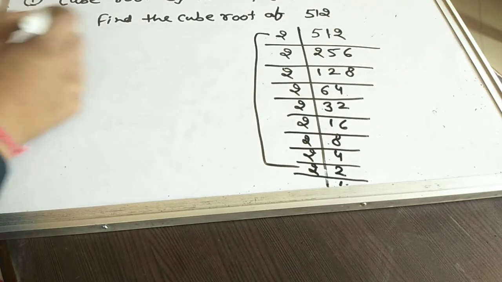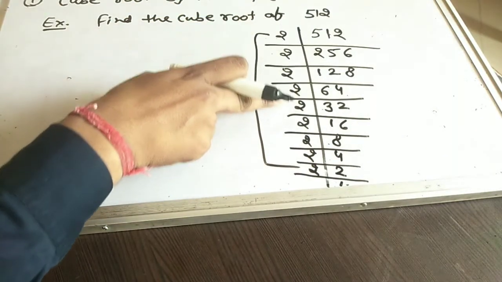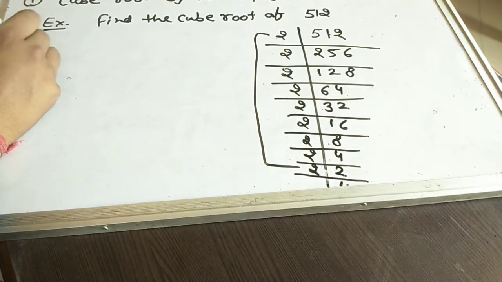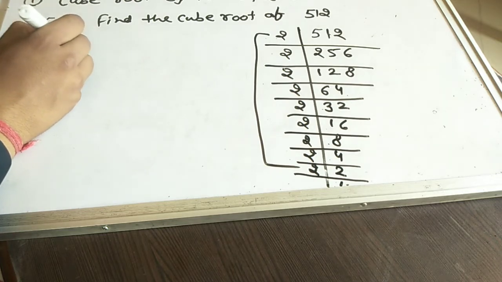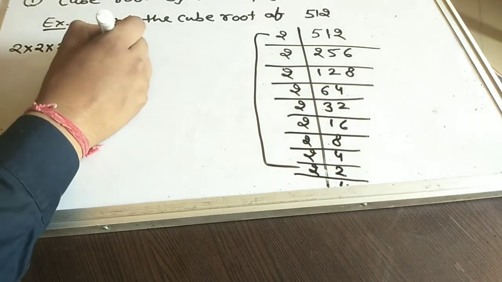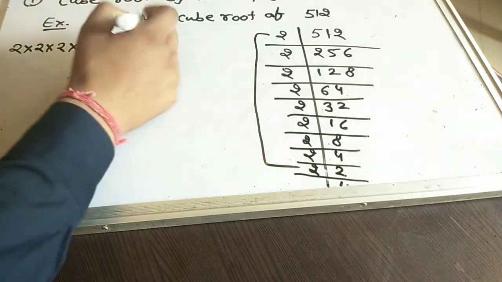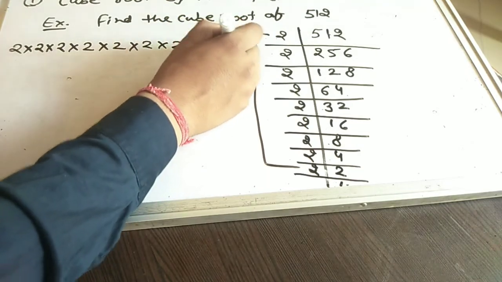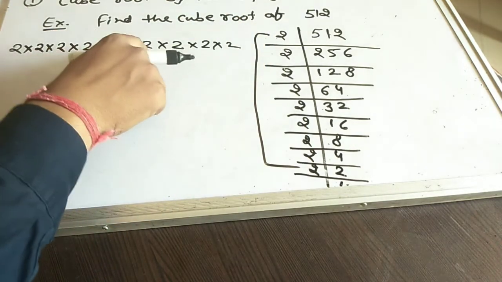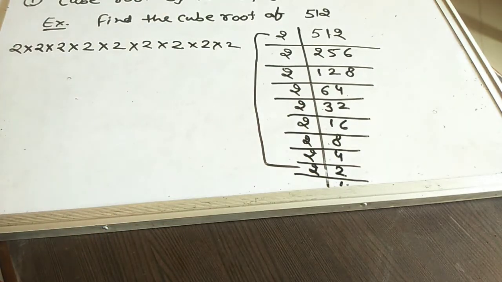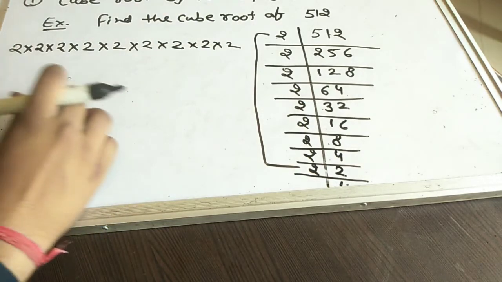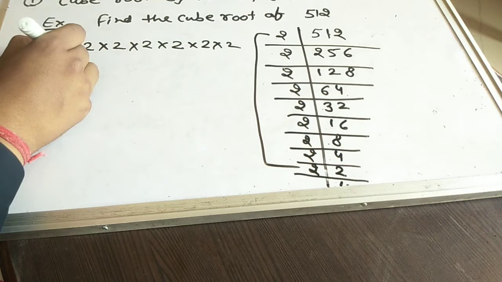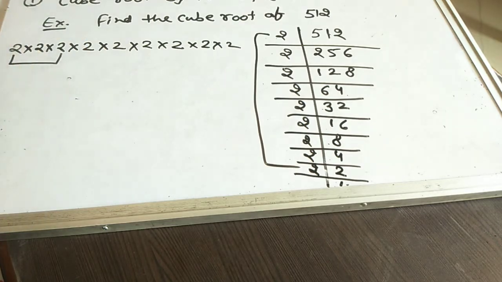So you will write here how many times? 1, 2, 3, 4, 5, 6, 7, 8, 9. 9 times. So we will write here 2 multiply 2 multiply 2 multiply 2 multiply 2 multiply 2 multiply 2 multiply 2 multiply 2. Okay. We will make pair of 3 equal prime factors. In each pair, these prime factors are same.